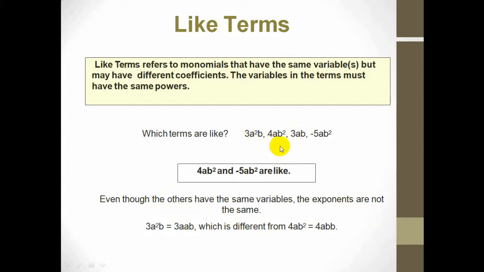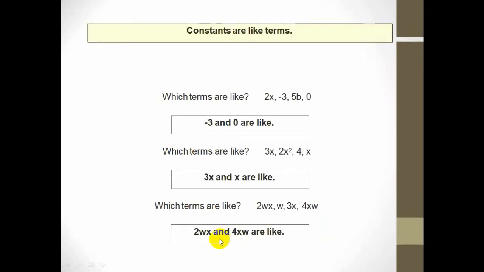So 3a square b and 3ab are not like terms. 3a square b means 3 multiplied by a multiplied by a multiplied by b, which is different from 4ab square. 4ab square means 4a multiplied by b multiplied by b. So these two terms are not like terms.